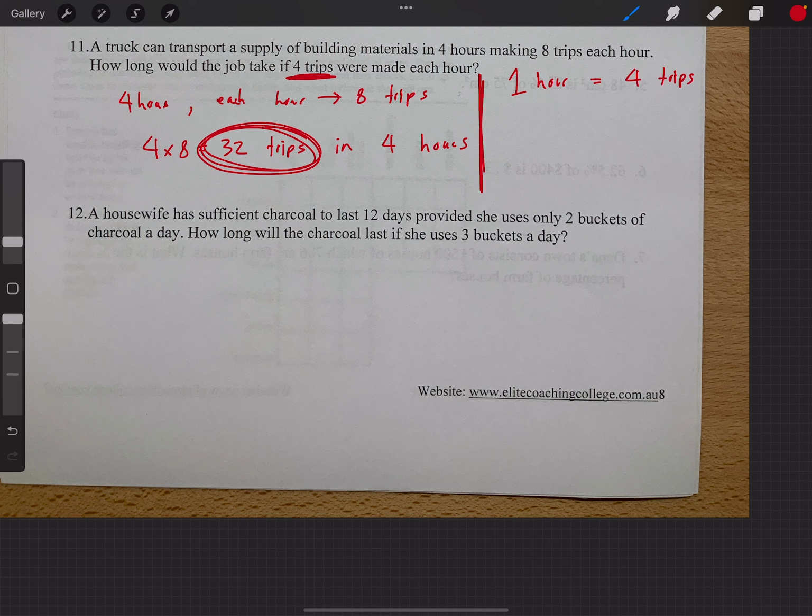In 2 hours, you're going to get 8 trips, right? So the question is, how many hours will it take before you get 32 trips? Because that's the total we need to complete the job. So 32 divided by 4 is 8. You need 8 hours to make 32 trips if you do 4 trips per hour, if that makes sense.